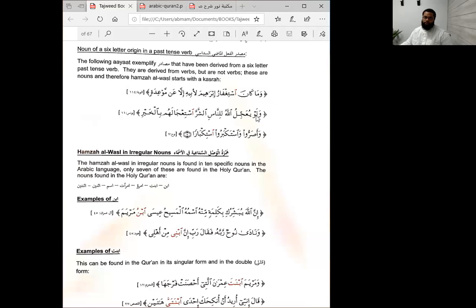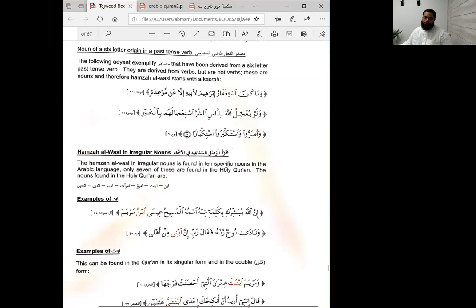So if it's a noun that is derived from a verb and it has Hamzatul Wasl, the ruling of the vowel on Hamzatul Wasl is going to be the same as the verbs. So the vowel is going to be according to the third letter. And that third letter in this type of noun is always going to have a kasra. So the Hamzatul Wasl in this kind of noun is always going to have a kasra.